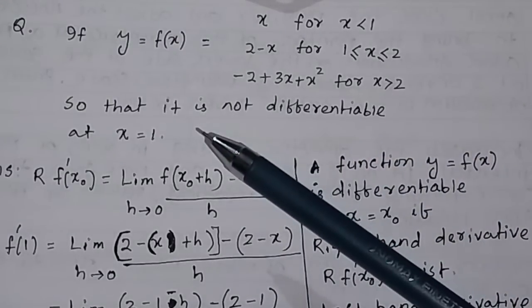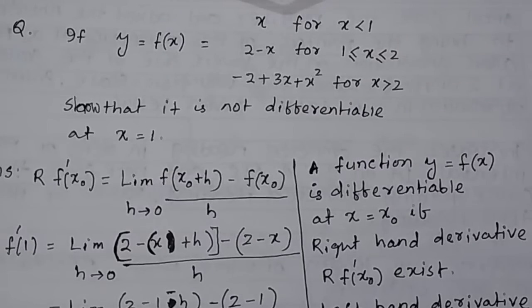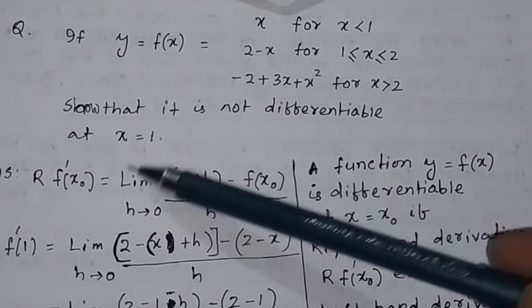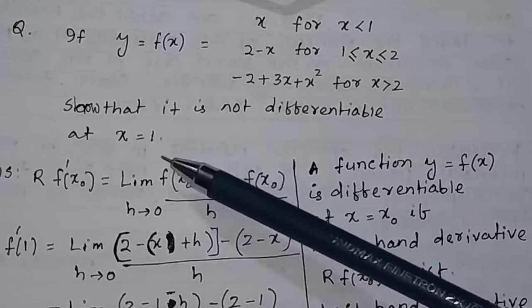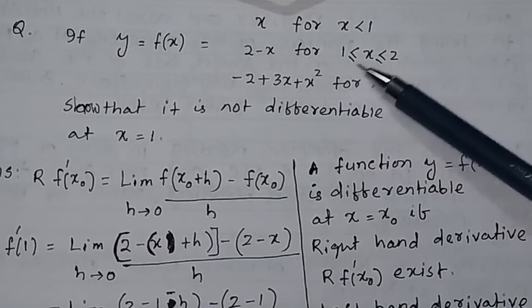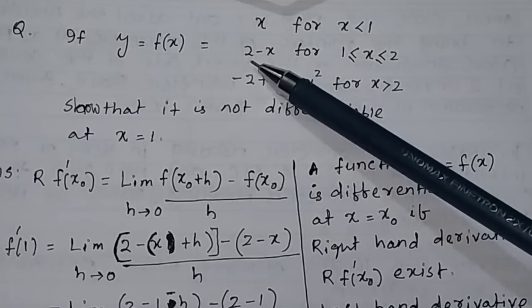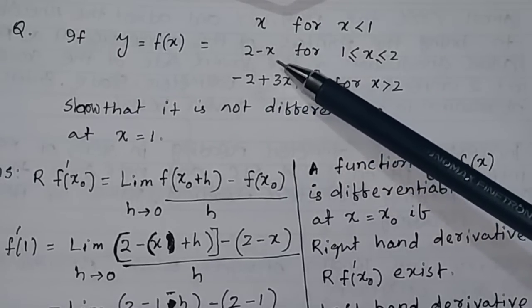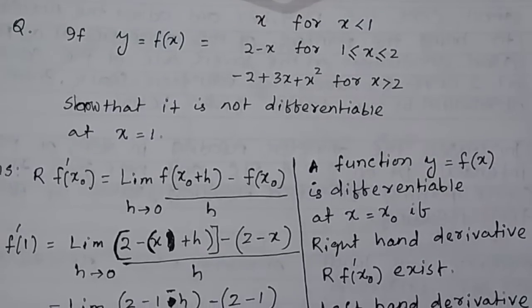It is given to show that it is not differentiable at x equal to 1. At x equal to 1, the x value lies between 1 and 2, so we will take the function f(x) is equal to 2 minus x, and we will see whether the function is differentiable or not.